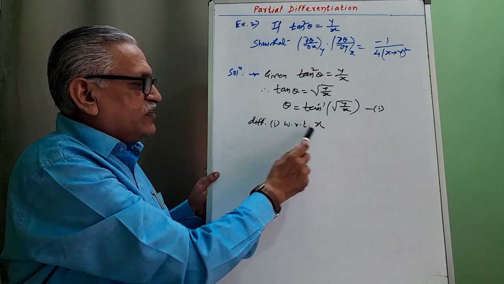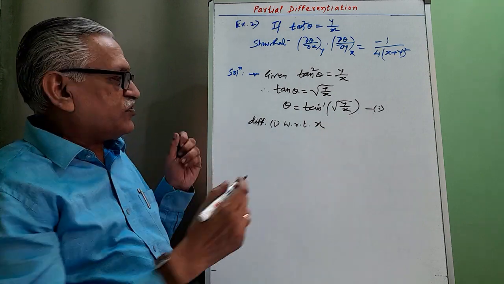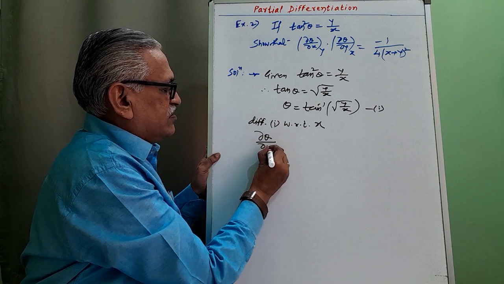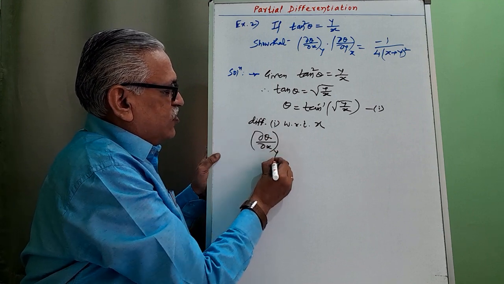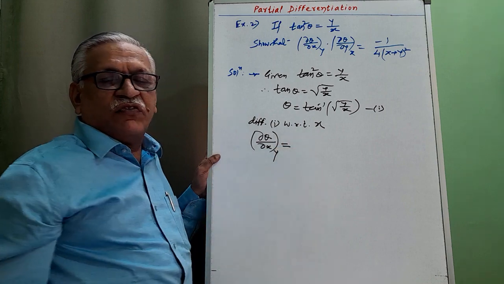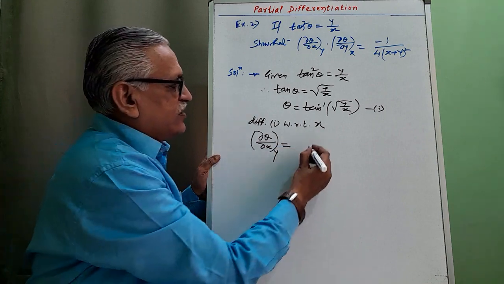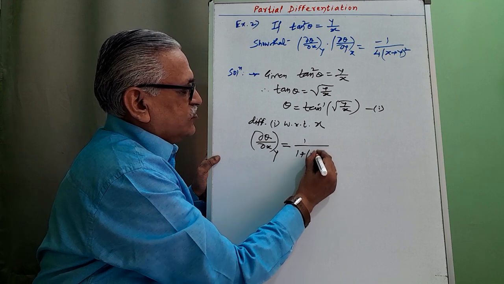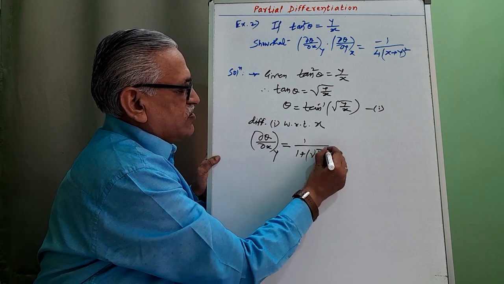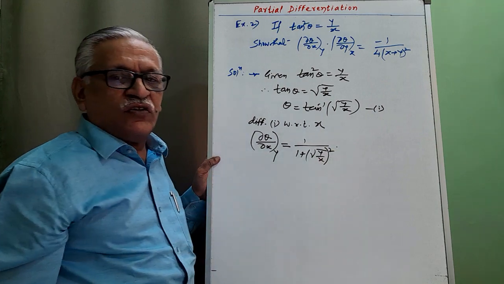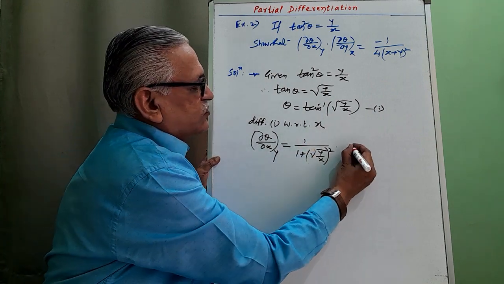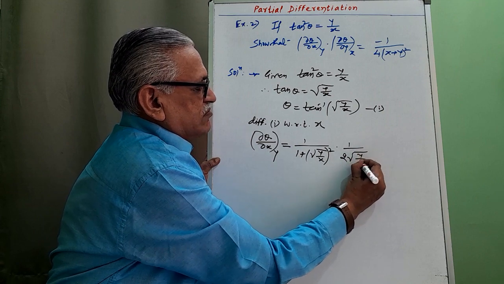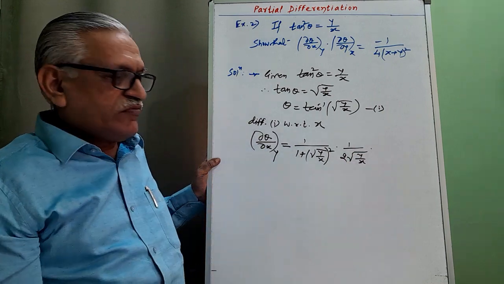Differentiating this equation 1 with respect to x keeping y constant, we get the derivative ∂θ/∂x with y as a constant is equal to, we know the derivative of tan inverse as 1 upon 1 plus x square. Here it is 1 plus (root of y by x) whole square. Apply chain rule. Differentiation of square root is 1 by 2 times root of that term. Again chain rule.